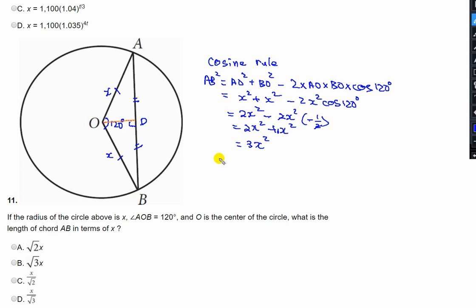Now what we want is AB, so you take the square root of 3x square. You can split it into square root 3 times square root x square, so you end up with x, so it's square root 3 x. So the answer would be this.